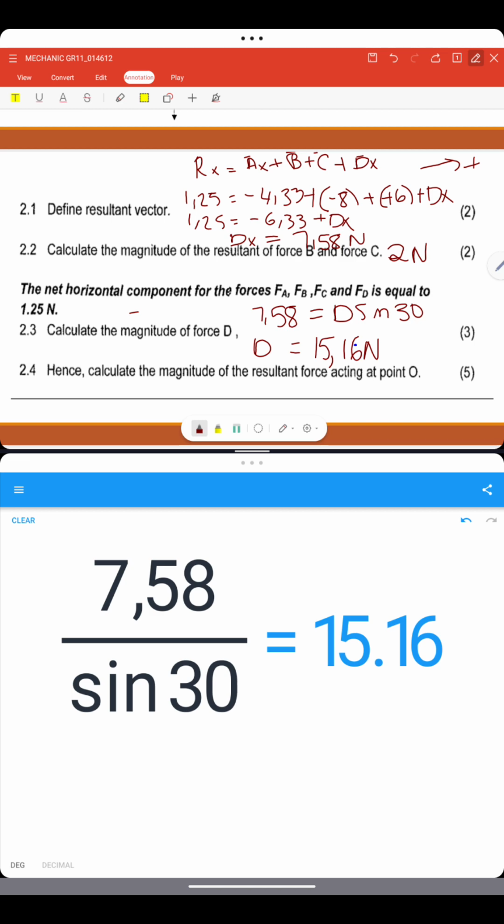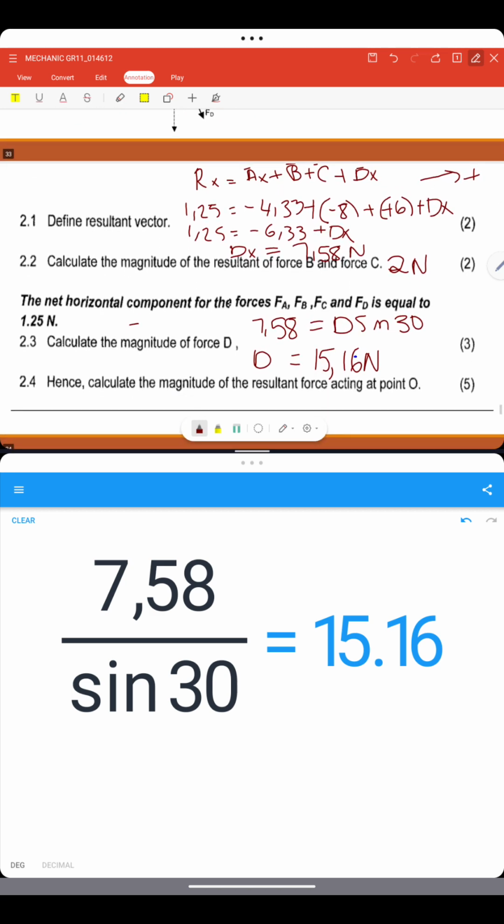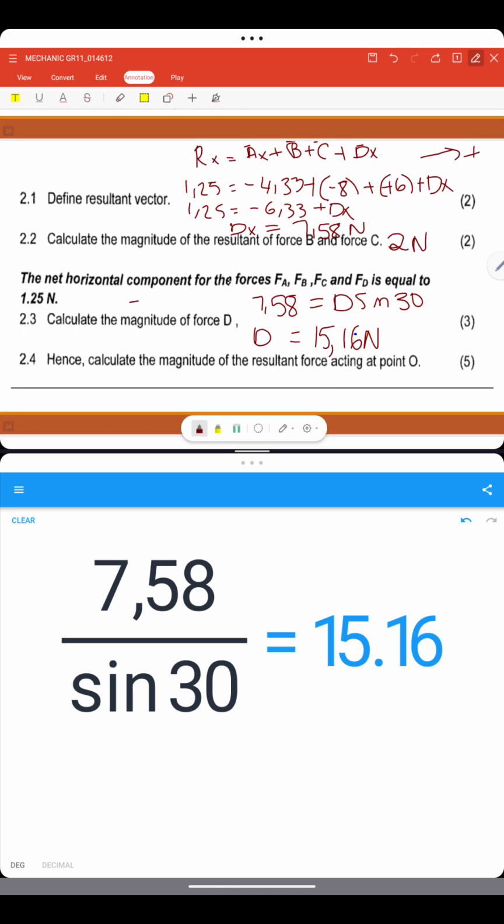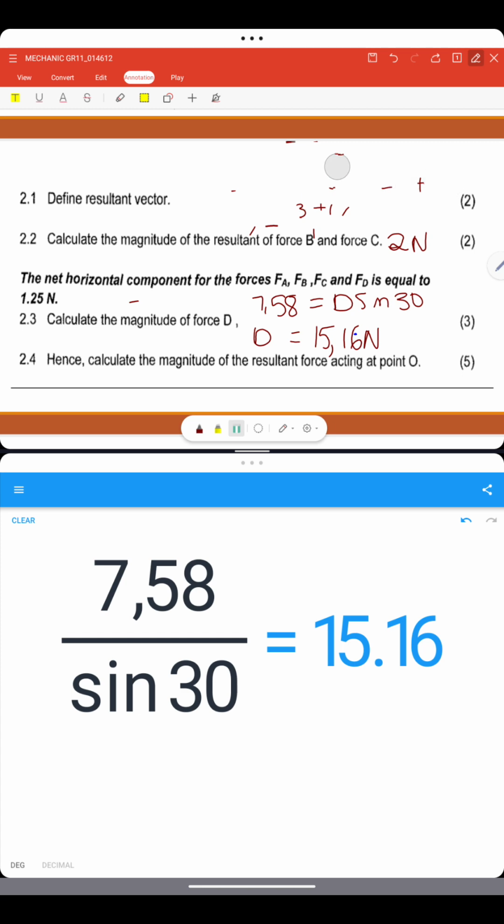Okay. Now the last question. The last question says, hence calculate the magnitude. Over here, we are only looking for the magnitude of the resultant forces acting at point O. Remember, amongst the steps, we said we needed Rx, Ry in order for us to find R. But looking at this statement in bold, Rx was given to us, so we don't need to worry about Rx.